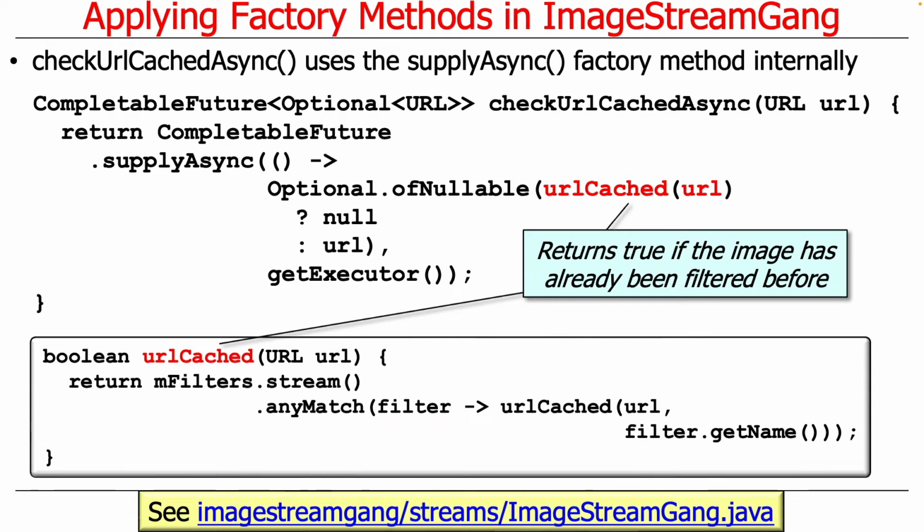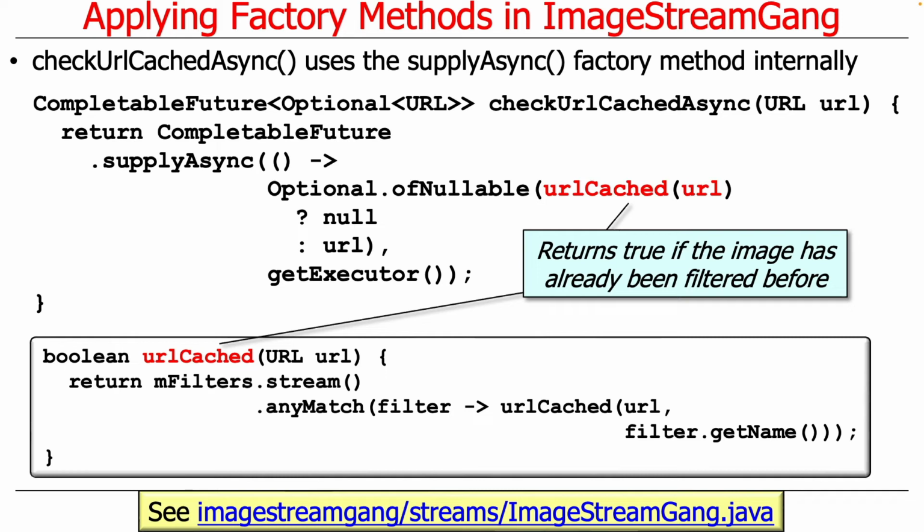What urlCached does is it takes the URL of interest here, and it uses the filters. Remember, we got grayscale, sepia, tint, the null filter, whatever you want to have. You can have a bunch of filters that are transformers.